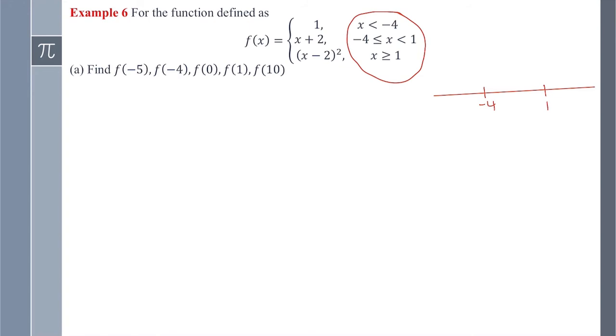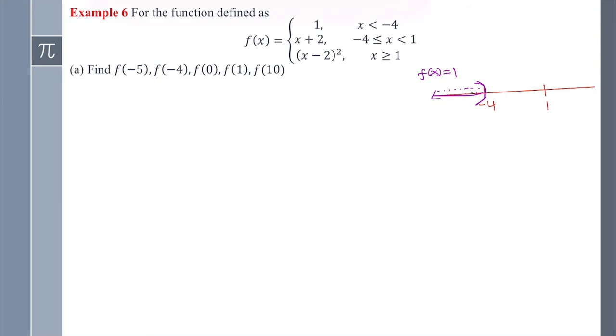So when x is less than -4, with that open parenthesis, then the function is f of x equals 1, which is a constant function. No matter what x value we pick from here, the value of the function is 1.